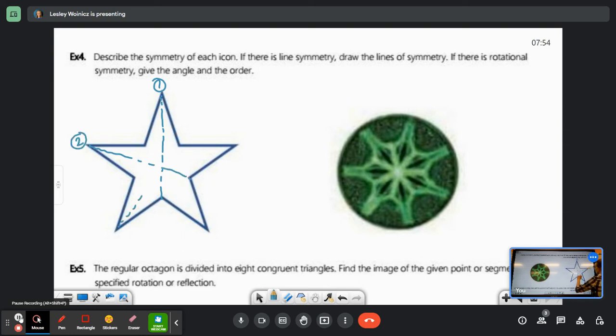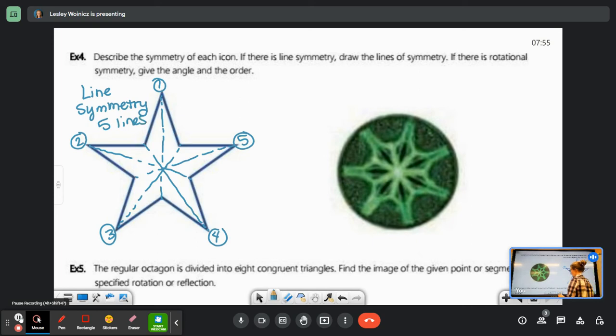Here's another one. 3. 4. And here's the 5th one. Not a coincidence that it's a 5-pointed star and it has 5 lines of symmetry. So we have line symmetry with 5 lines.